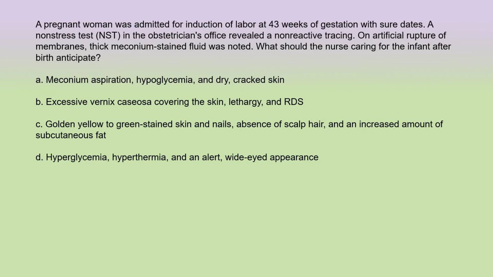A. Meconium aspiration, hypoglycemia, and dry, cracked skin. B. Excessive vernix caseosa covering the skin, lethargy, and RDS. C. Golden yellow to green stained skin and nails, absence of scalp hair, and an increased amount of subcutaneous fat. D. Hyperglycemia, hyperthermia, and an alert, wide-eyed appearance.